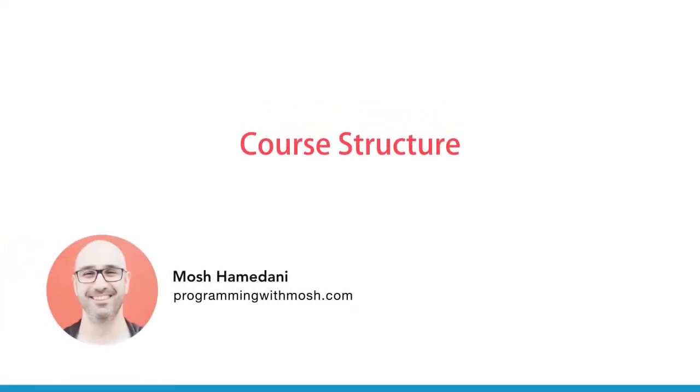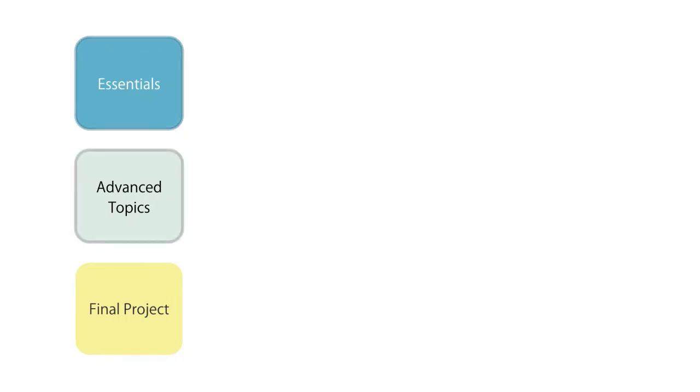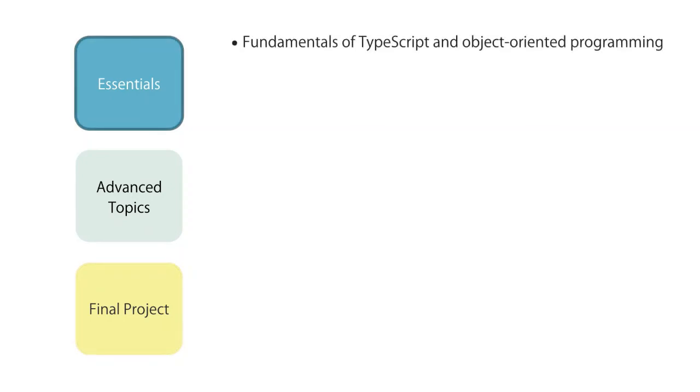All right, now let me quickly give you an overview of how I have structured this course and how you can get the most out of it in the shortest possible time. So in this course, we have 3 parts: Essentials, Advanced Topics, and the final project. We're going to start the essential part with an introduction to TypeScript and object-oriented programming. This will prepare you to build Angular applications.